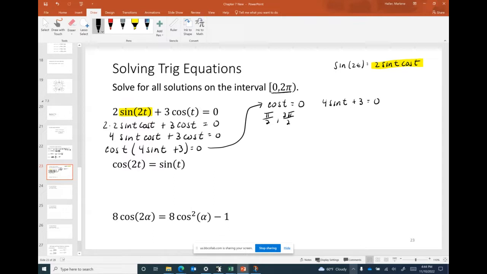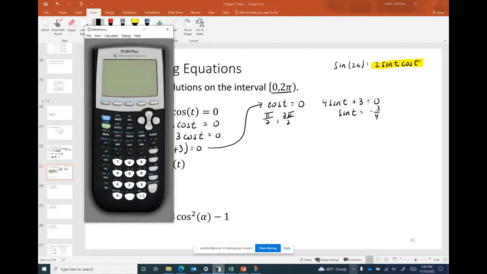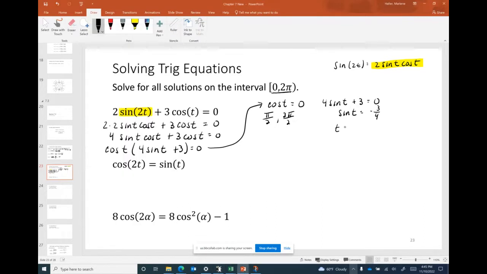Solving here, let me solve for the trig function. I'll subtract 3 and divide by 4, so the sine of t is going to be negative 3/4. That is not a known value on the unit circle, so we'll have to find that value with the calculator. Take the inverse sine of both sides, so t is going to be the inverse sine of negative 3/4.